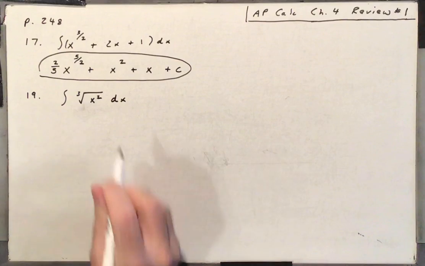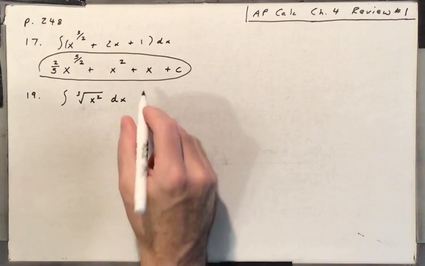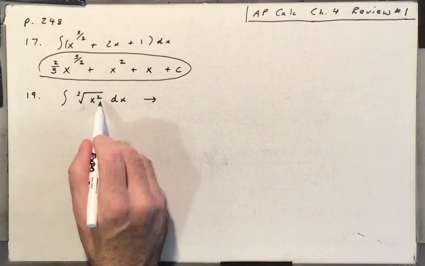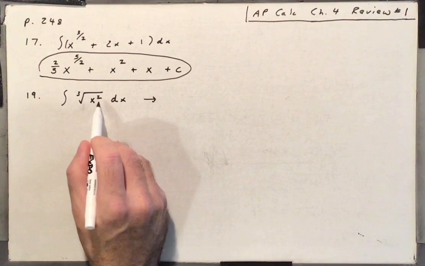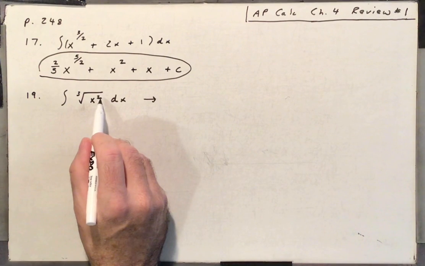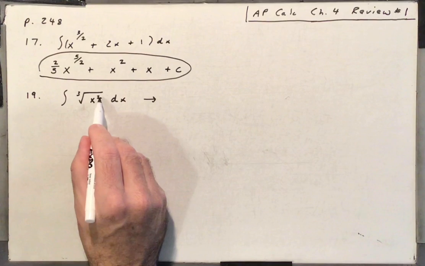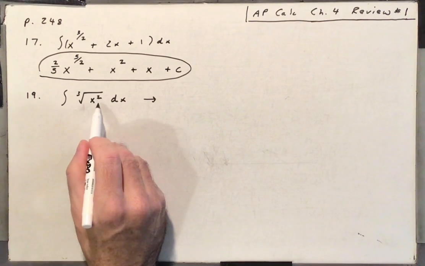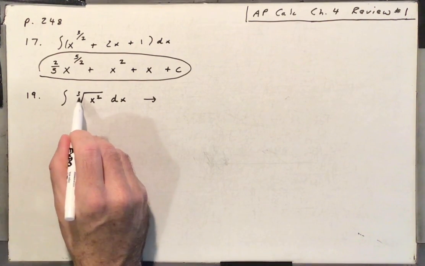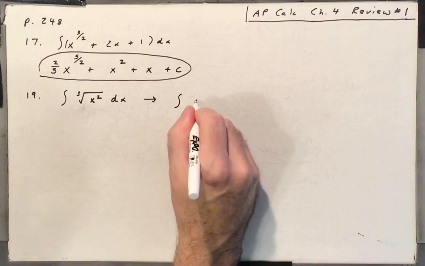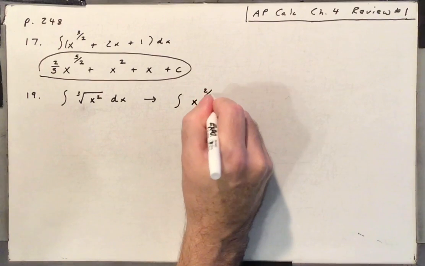Now the reason I gave you such a simple problem here is sometimes students accidentally forget what they learned in the 7th grade, and then what we also went over in pre-cal, which was to change this to a fractional exponent. It's the exponent under the radical that goes in the numerator, and in the crook of the radical, that exponent is the denominator. So this is the same as x to the 2/3.